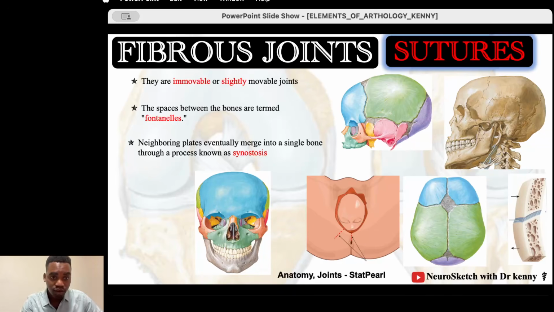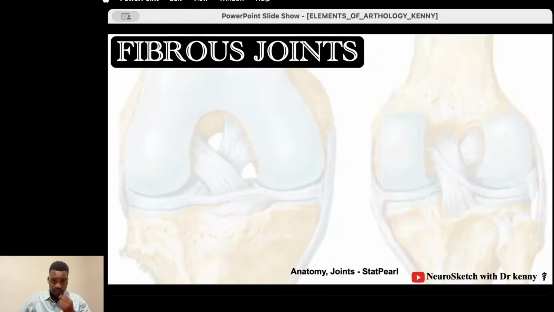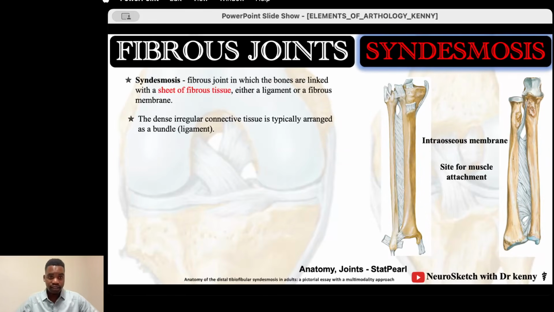This is the frontal bone now, which is one bone, and it was separated by the metopic suture into two bones, but now it is fused into one bone. This process is known as synostosis, whereby a joint is replaced by bone. All right, so let's now move into the second category of the fibrous joint, which is the syndesmosis.